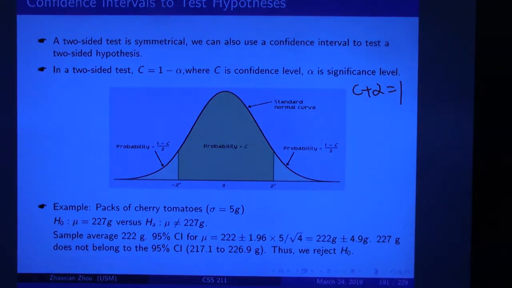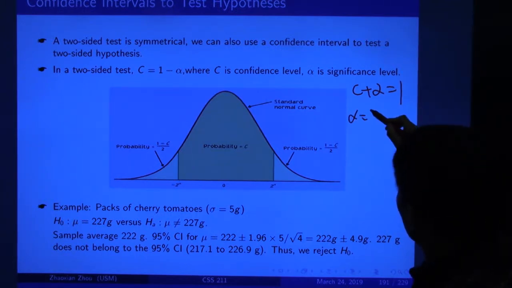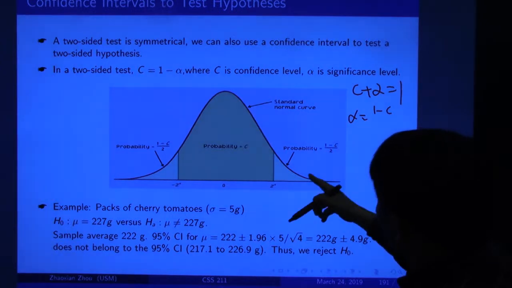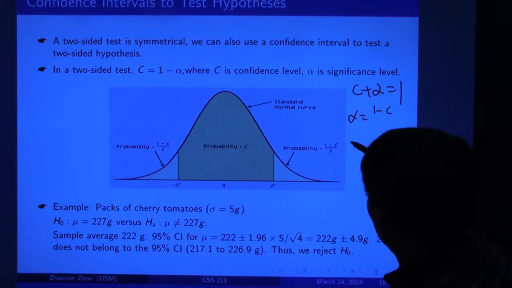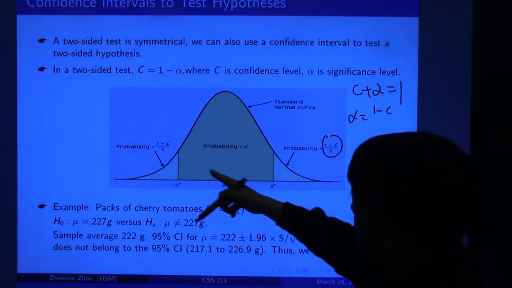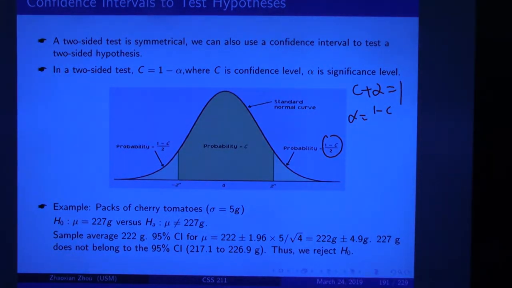This is a two-sided test. Then alpha equals 1 minus C, and for each tail, the area will be only (1 minus C) over 2. This also equals (1 minus C) over 2.